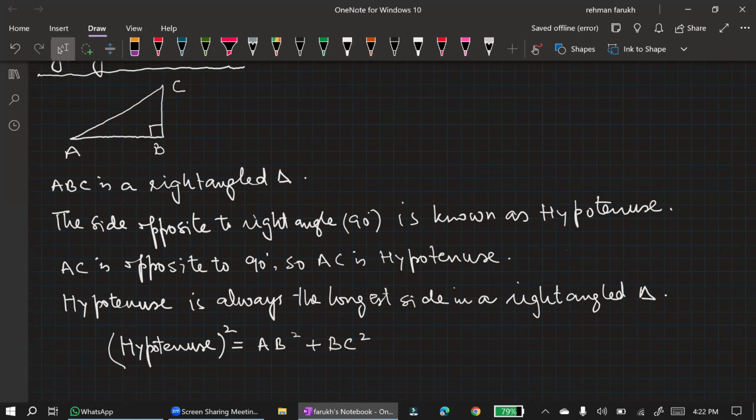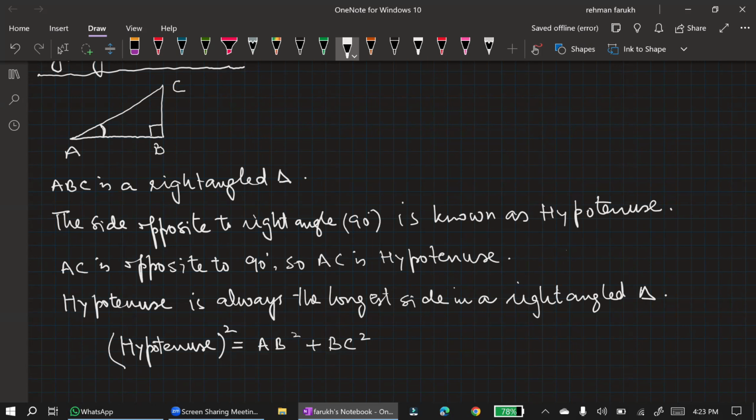Consider this A as the angle. Then the perpendicular is the side opposite to A. Which side is opposite to A? There are three angles A, B, and C in this triangle, and there are three sides AB, BC, and CA. Which side is opposite to A? BC.